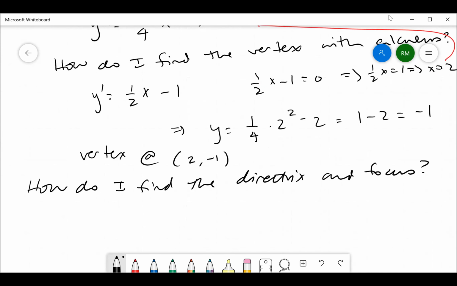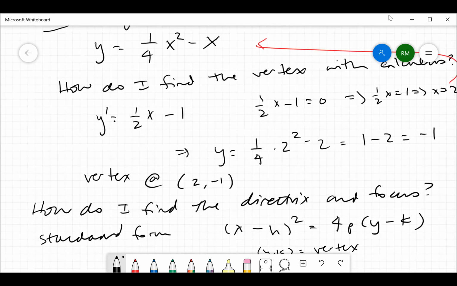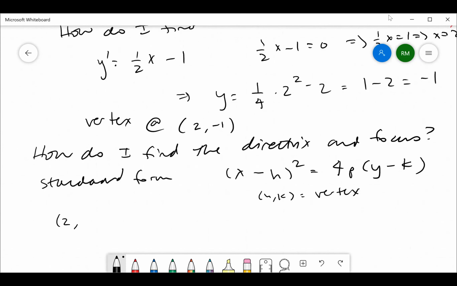So remember, the standard form looks like (x - h)^2 = 4p(y - k), where (h, k) is the vertex. So let's do that for our equation, now that we know that the vertex is at (2, -1).